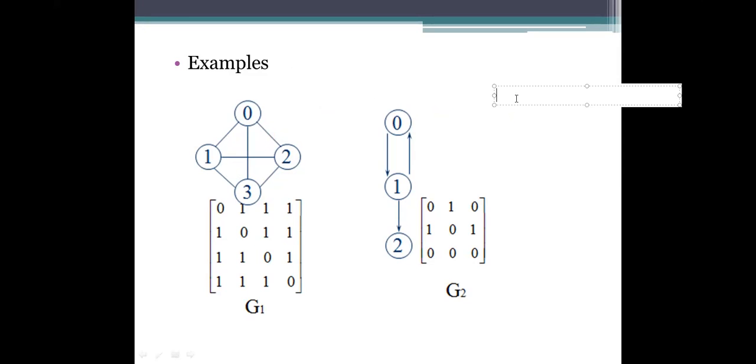So here, specify the node here. The node is 0. Node 0, to which nodes is it connected? 1, 2, 3. Next one, node 1.